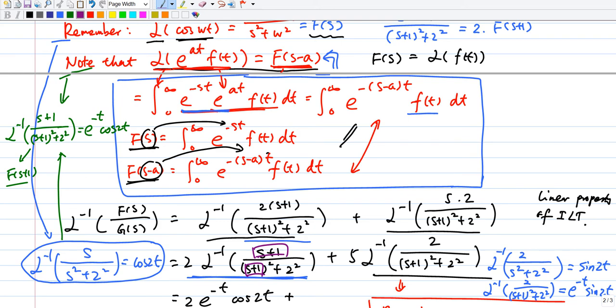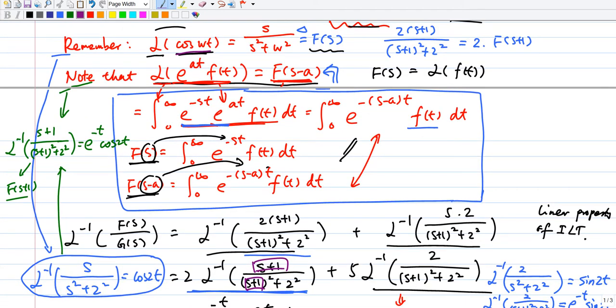This one we know how to do according to this property, because the L of cosine(wt) is s divided by s squared plus w squared. If I take w as 2, it's s over s squared plus 2 squared, which is exactly this one. So its inverse will be just cosine 2t, basically.